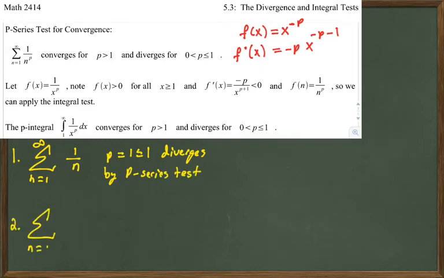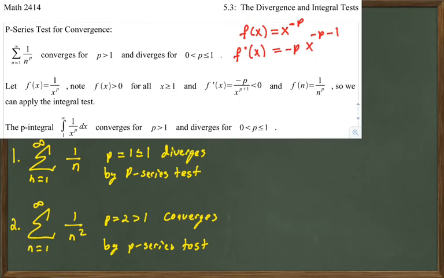If we look at the sum n equals 1 to infinity of 1 over n squared, this is a p-series. Your p is 2, and that's greater than 1, so this converges by the p-series test. Okay, so that's it: divergence for the 1 over n and convergence for the 1 over n squared.